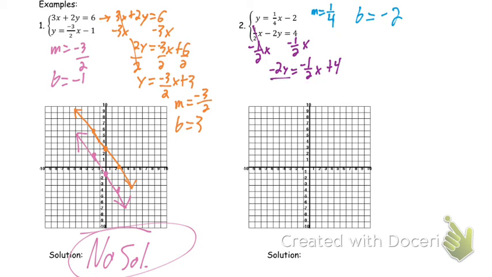So what else can I do than dividing by a number? I can multiply by its reciprocal. What's the reciprocal of negative 2? 1 over negative 2. And I need to multiply absolutely everything by 1 over negative 2. On the left-hand side, those negative 2's reduce, and we're left with y.